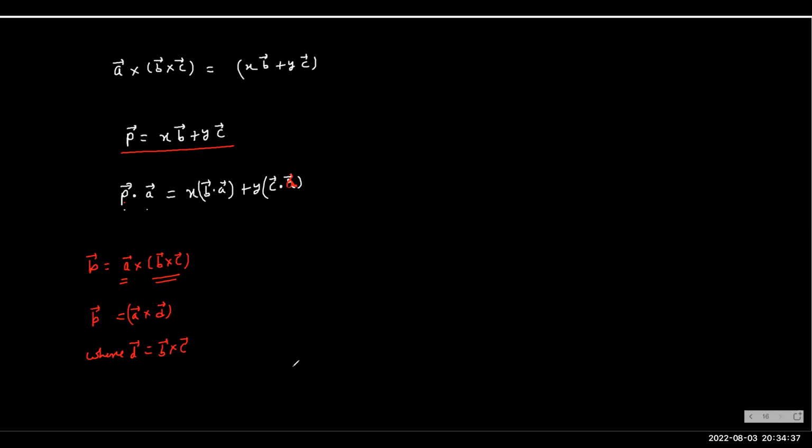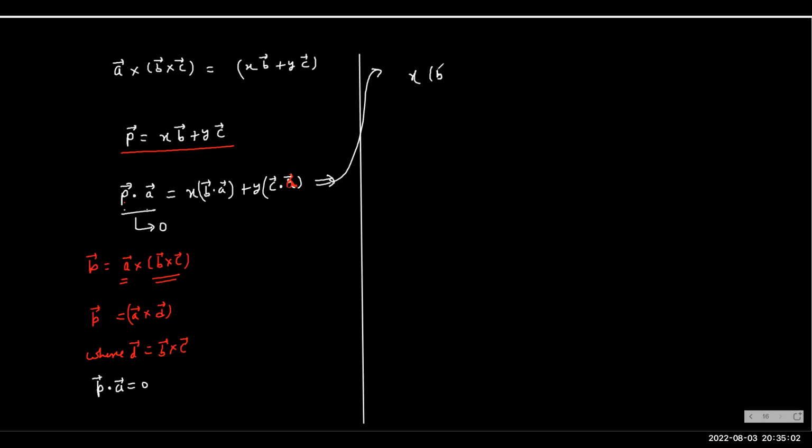Sorry guys, got a problem. So the P vector and the A vector are going to be perpendicular. So this term will be how much? 0, because the dot of P and A will give you 0. And therefore this equation will give X into B dot A plus Y into C dot A is 0.